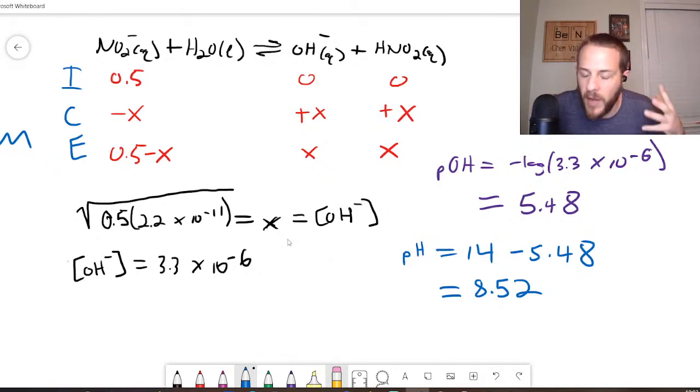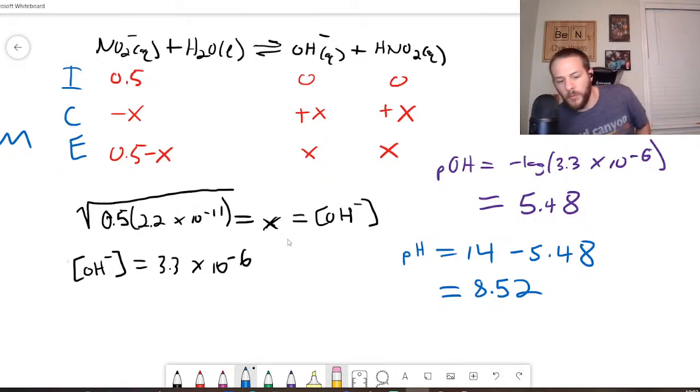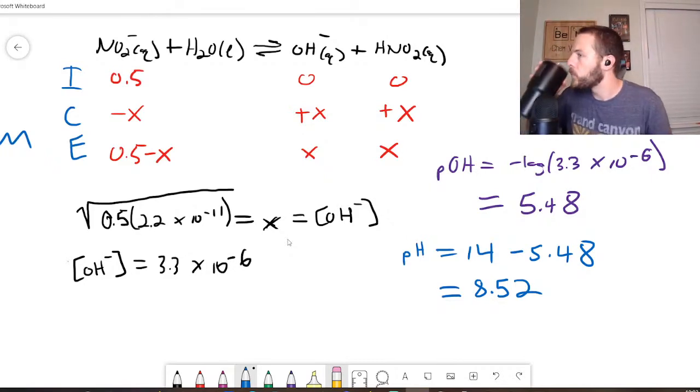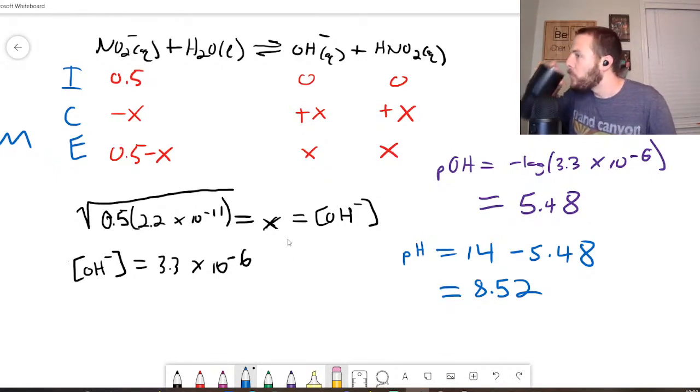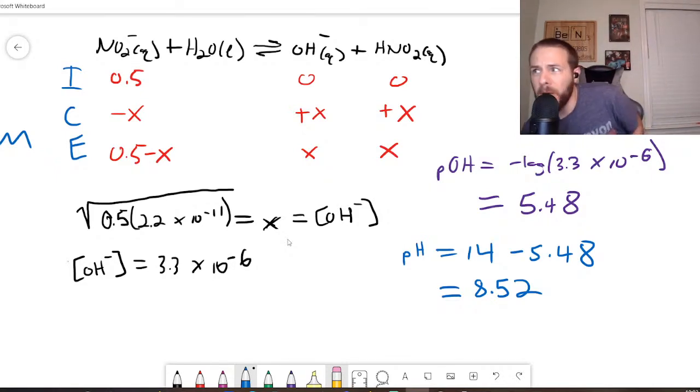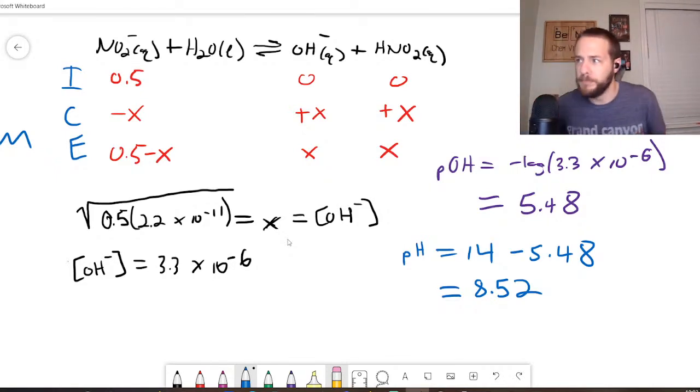Once we had that, we got pOH by taking a negative logarithm of it, and then we understood that pH and pOH add up to 14, so we were able to get to pH. Big problem. A lot of moving parts in that one.